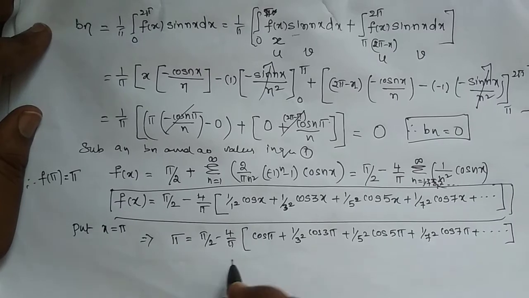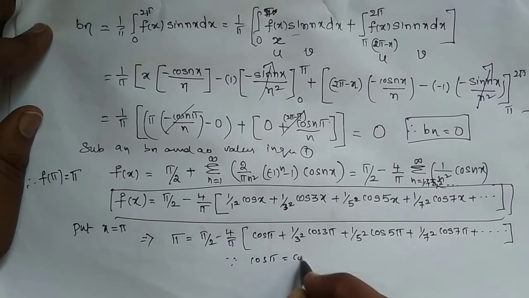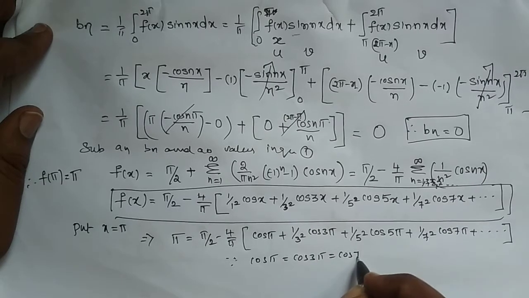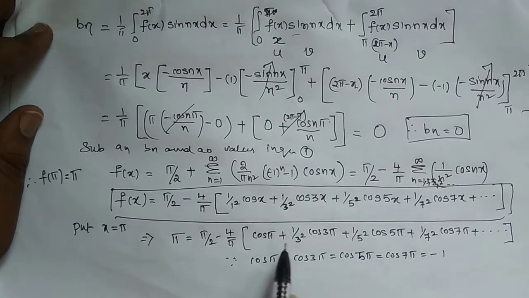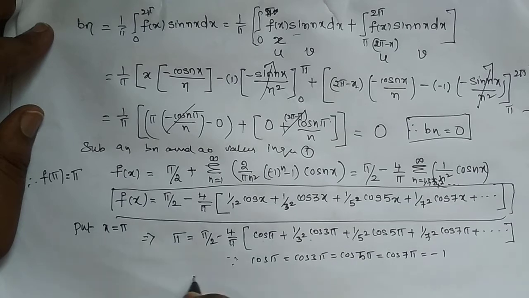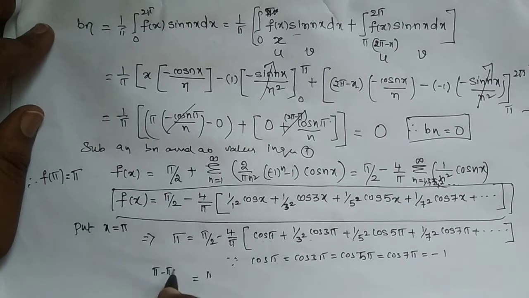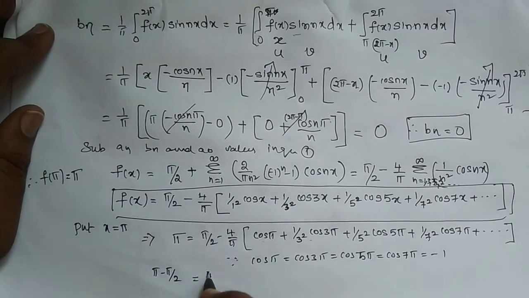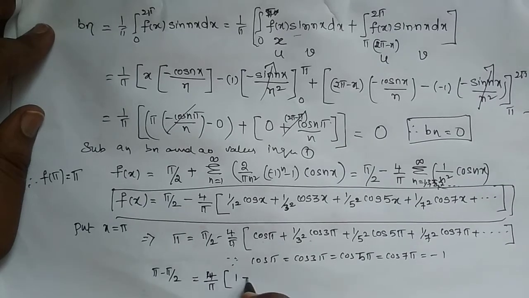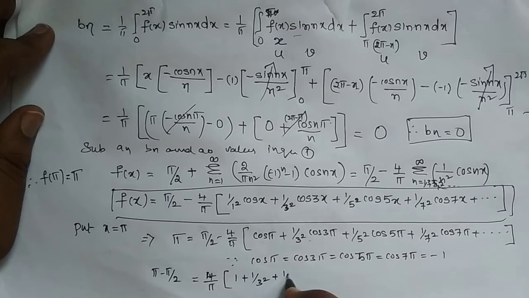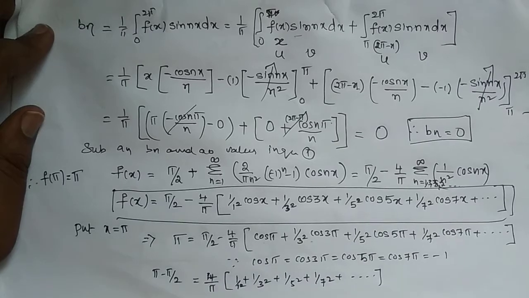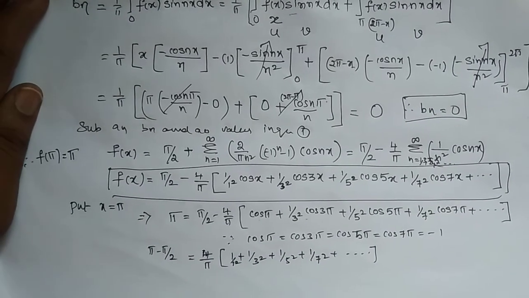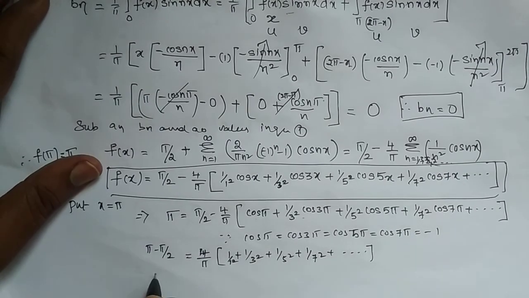Since cos pi, cos 3 pi, cos 5 pi, cos 7 pi are equal to minus 1, every term has a minus, so minus should be common. Pi by 2 on this side goes to pi minus pi by 2, and minus common means 4 by pi into 1 plus 1 by 3 square plus 1 by 5 square plus 1 by 7 square plus and so on. Then simplify this one. Pi minus pi by 2 is pi by 2.